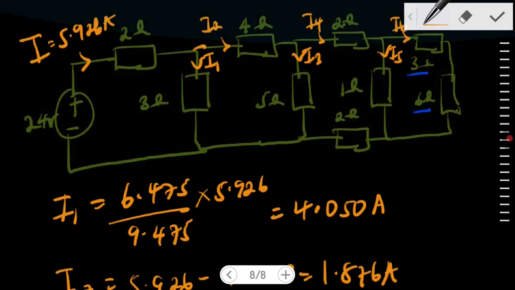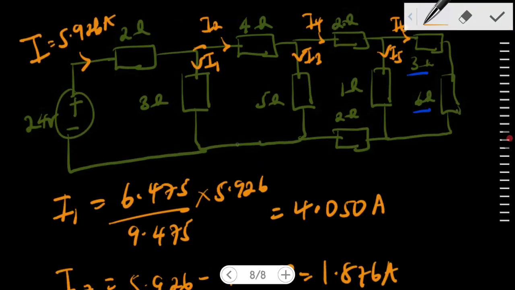Now that's the current that's going through the 4 ohm resistor, right? In the same case, that means that I can get I3, then afterwards I2 minus I3 to give me I4, right? But if you look at it now, the 5 ohm resistor is in parallel with the whole of this, right?